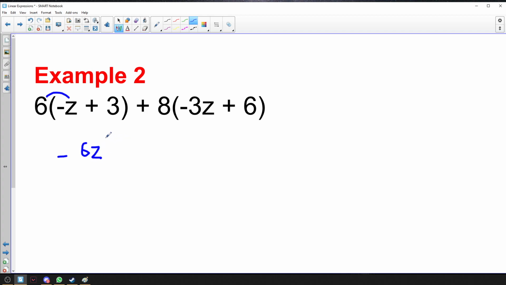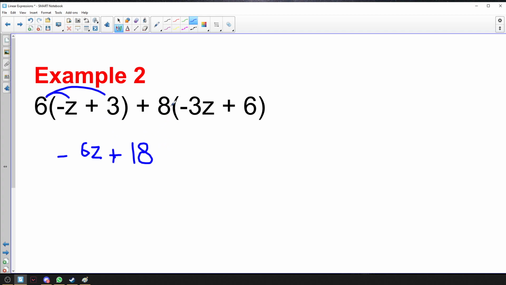Hopefully that's big enough for you to see. Next thing I'll do is 6 times 3. I keep the plus there, becomes 18. I'm not using my Apple Pencil, so it's a bit hard with my mouse. Okay, so that's the first part done.